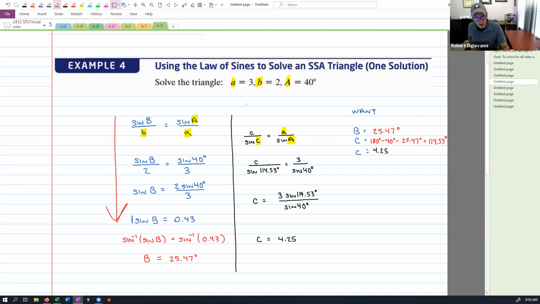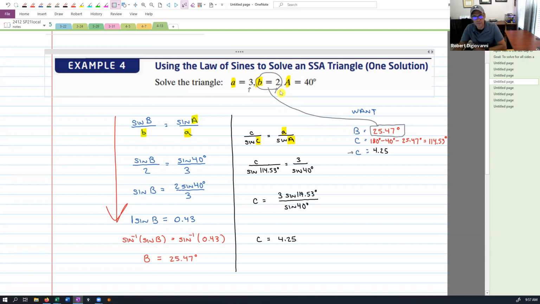So if we do a quick check here, let's see. What's the smallest side we have? We have 3, 2, and 4.25, right? The smallest side we have is 2. What is the angle that goes with that? 25.47, right? The smallest side has that angle.